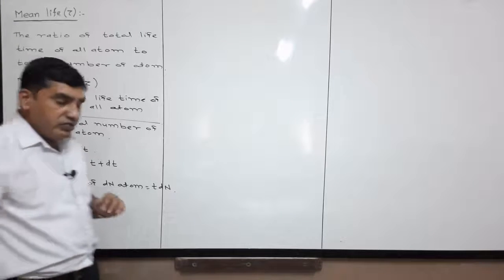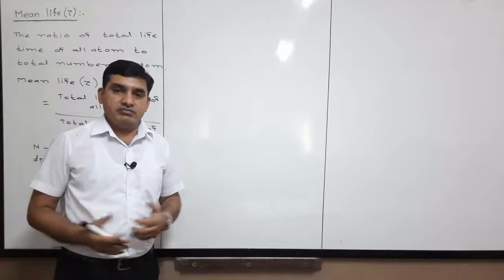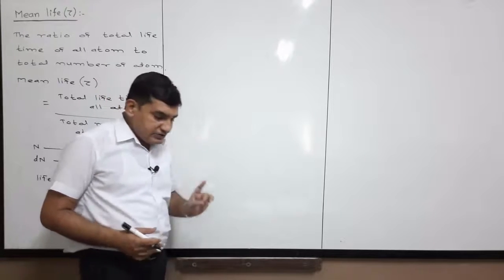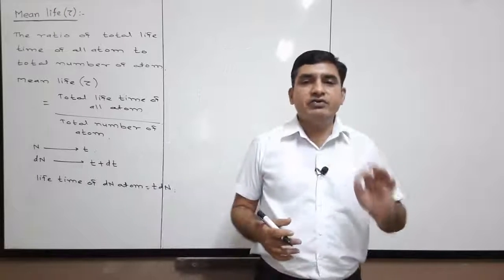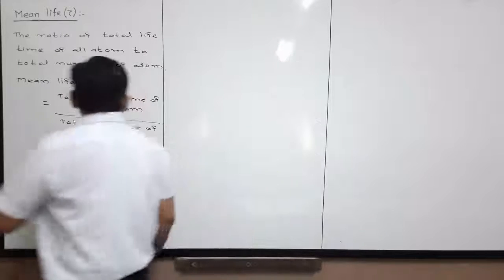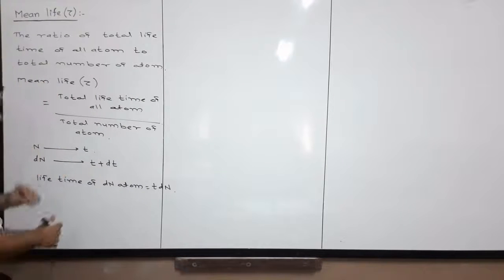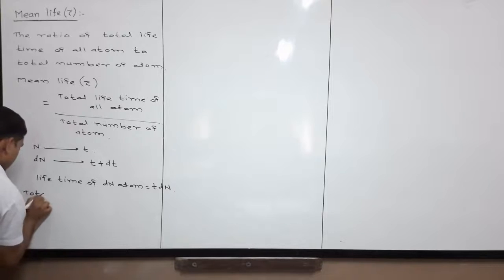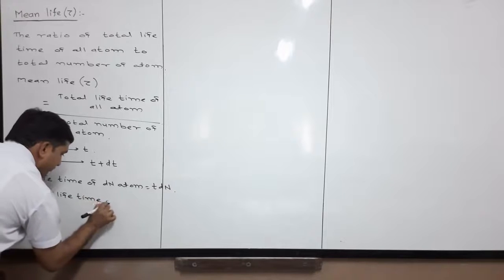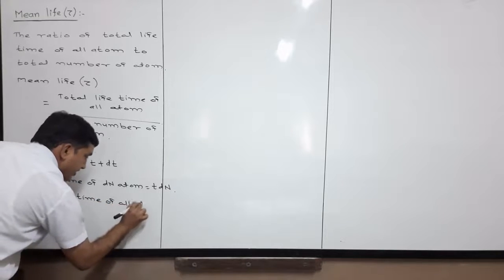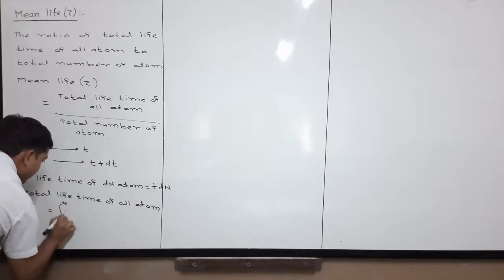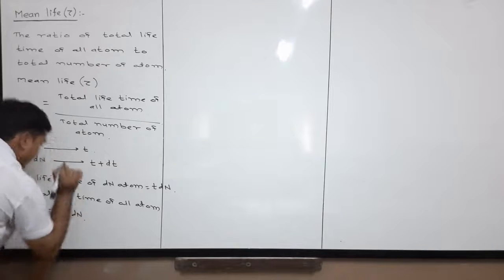Now the total lifetime of N0 atoms, where N0 is the number of radioactive nuclei when time t is equal to 0, and therefore the total lifetime of all atoms is equal to the integration from 0 to infinity of t into dN.